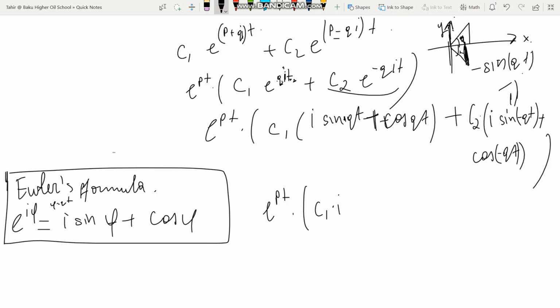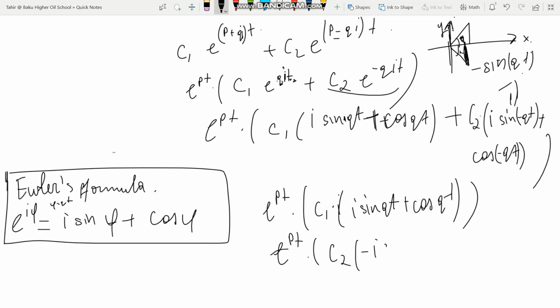It will be equal to e to the pt, first part, c1 multiplied by i sine qt plus cosine qt, and second part, c2 multiplied by minus i sine qt plus cosine minus qt. Cosine depends on the x values, and the x value is not changing when we go through the minus angle and positive angle here.